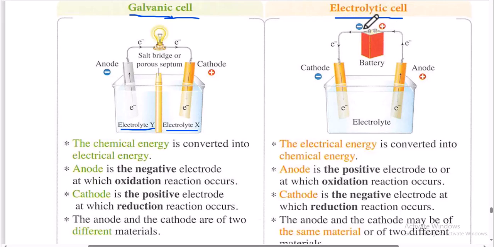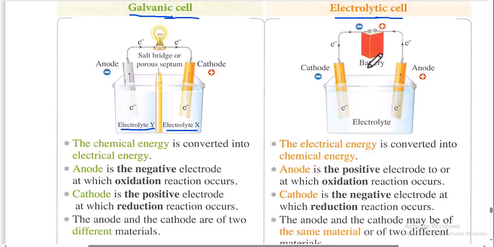In the electrolytic cell, there is an outer source of electric energy, as it converts electric energy into chemical energy through a non-spontaneous oxidation reduction reaction. There is an electrode connected to the negative pole of the battery, and it is the cathode, and another electrode connected to the positive pole of the battery, called the anode, dipped together in one solution of electrolyte.